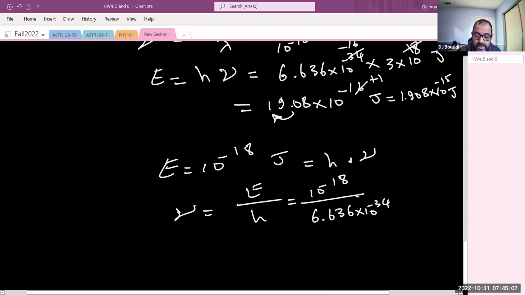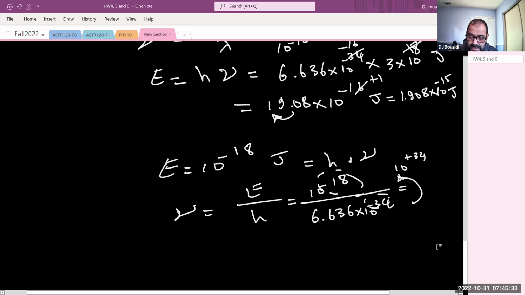It's going to be a big number, by the way, because frequencies are usually high for this kind of problems. So when I take 10 to the negative 34 in the denominator, it's going to be 10 to the positive 34. So negative 18 and positive 34 is going to be 16.